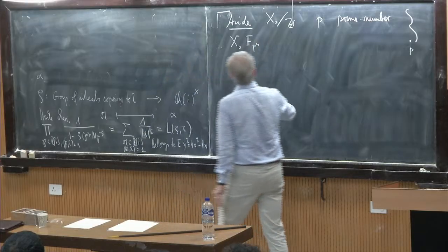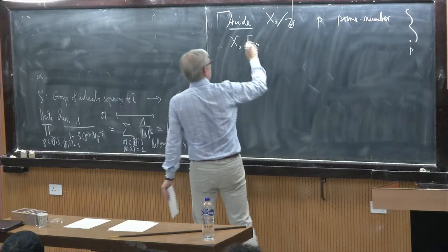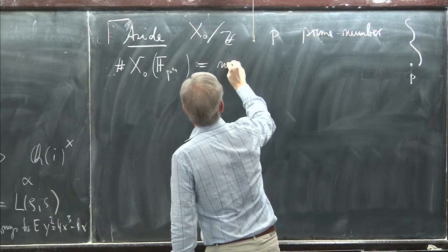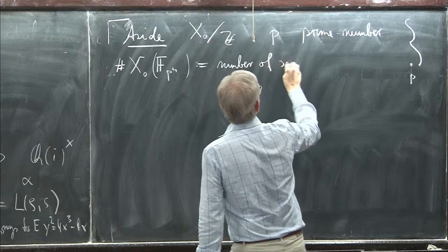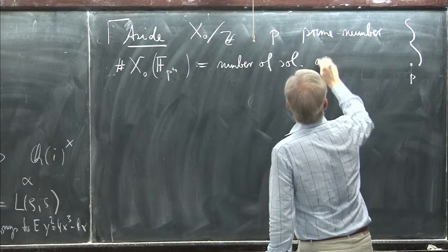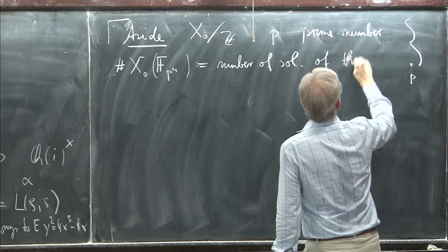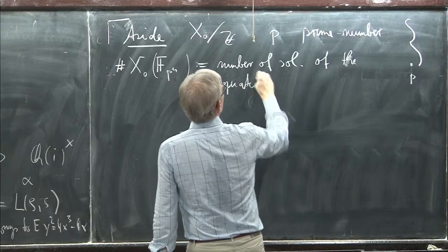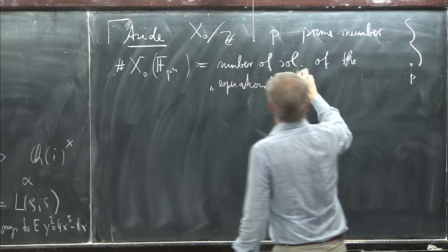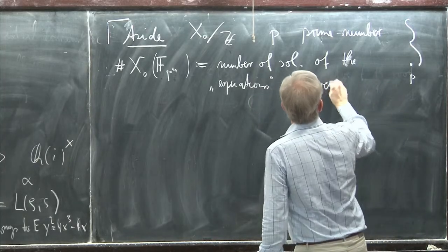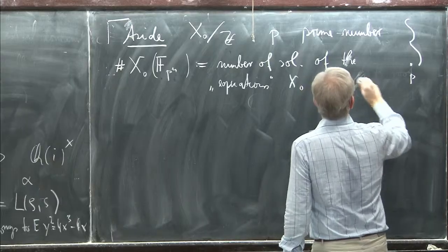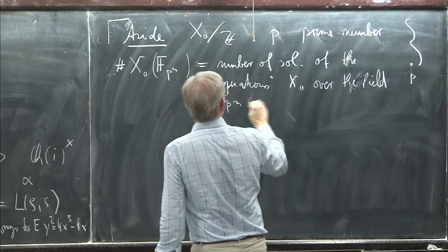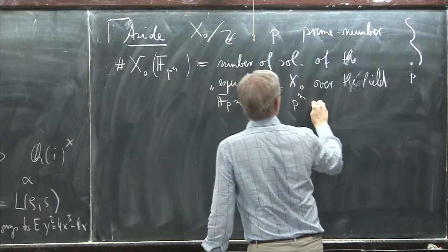I do this not just for the field F_p, but also for all finite fields of p^n elements. So this is defined to be the number of solutions of the equations given by X_0 over the field F_{p^n} with p^n elements.